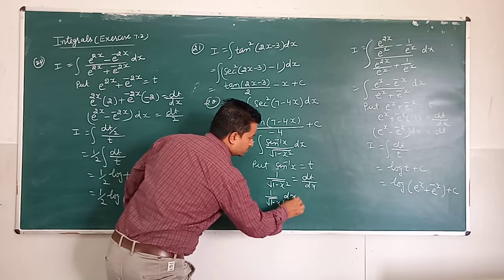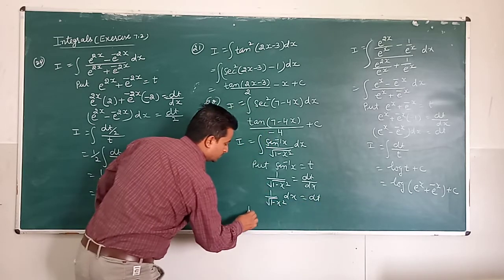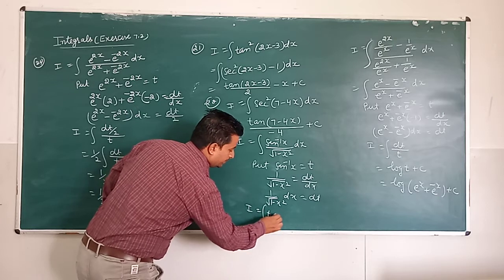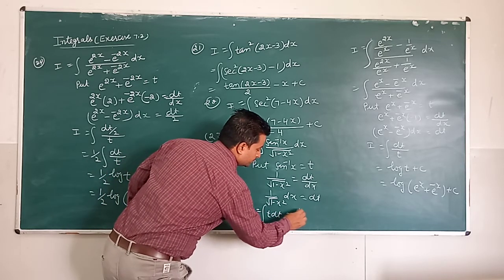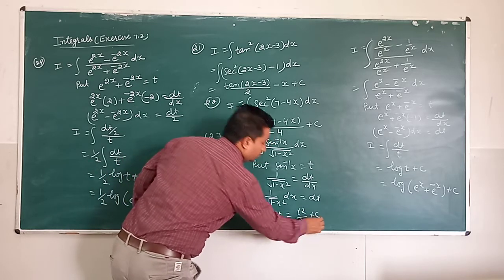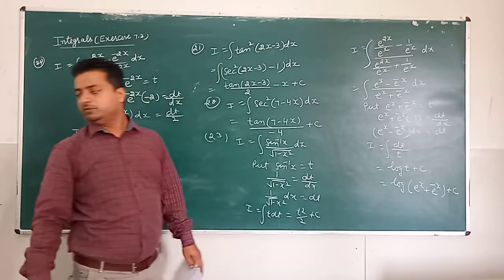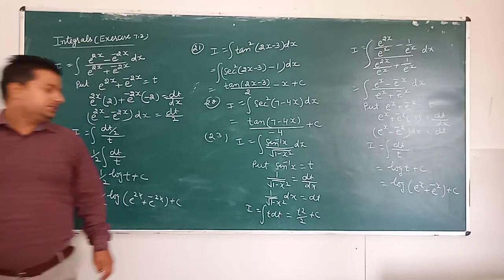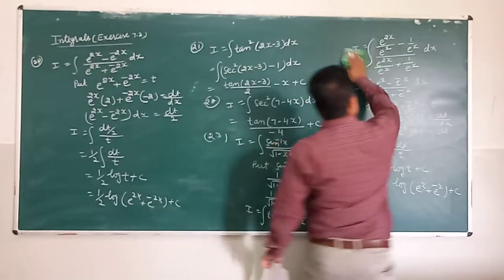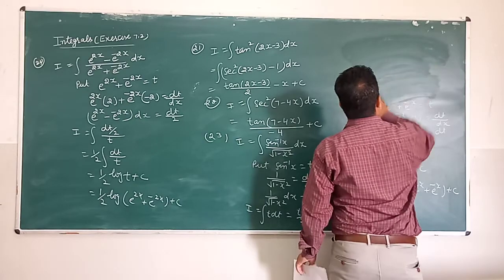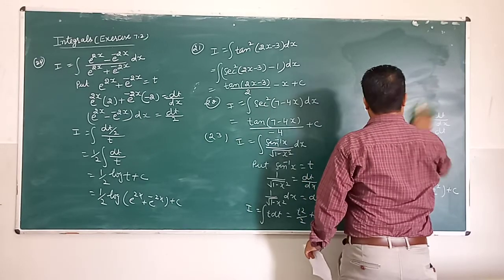So this is equal to dt. So I is equal to t into dt. Integration of t is t square upon 2. Here we put the value of t, which is sin inverse x. So the answer is sin inverse x whole square divided by 2.